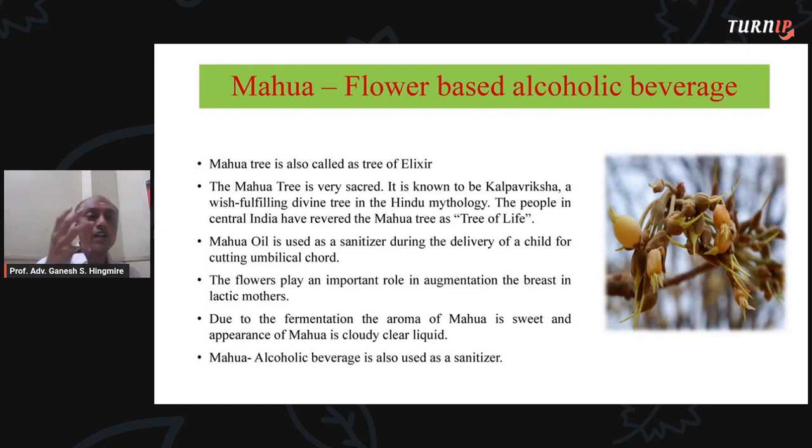When I worked on the Mawa, I found they have padas, like we have particular talukas. The tribal community located in that forest belt is using this Mawa as their regular product. Mawa is prepared from the flower, so this is a flower alcoholic beverage, as I mentioned.